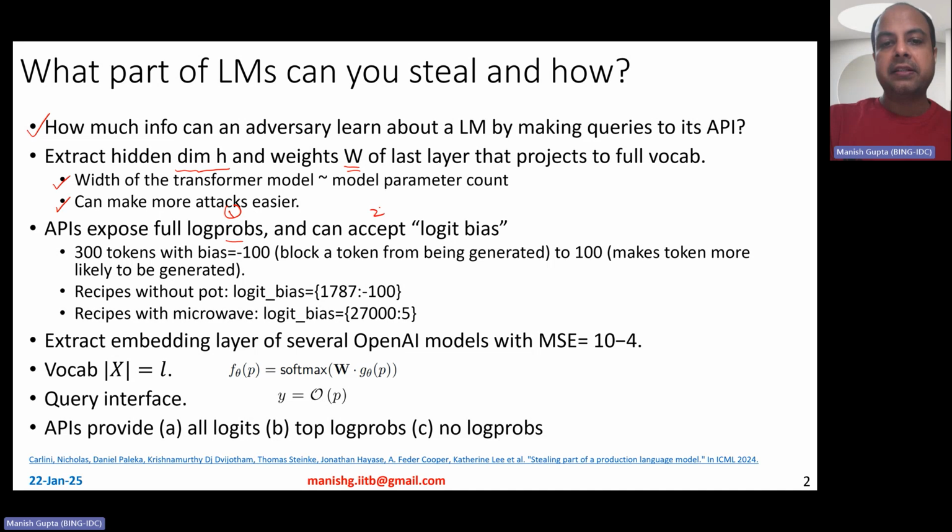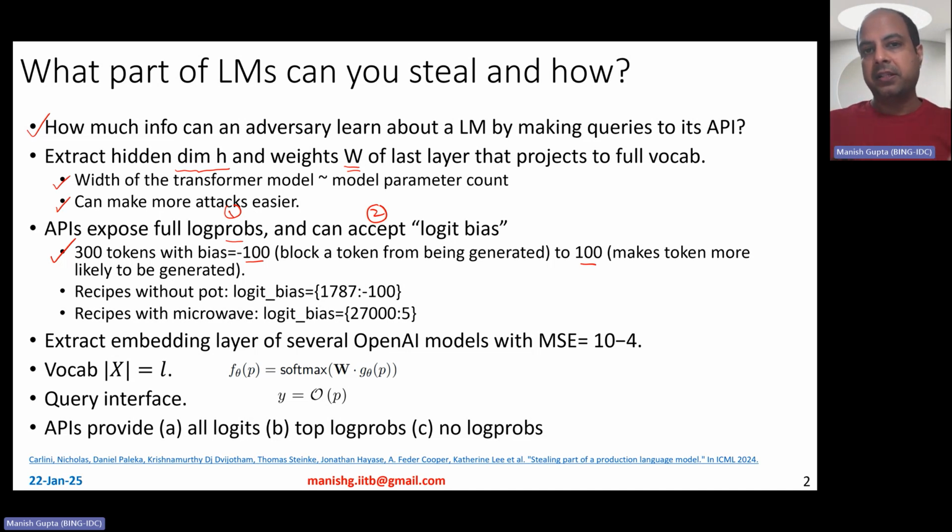The second thing is that they can accept something called the logit bias. What does that mean? Logit bias means that you can influence the probability with which a certain token is generated at the output. In fact, you can set the logit bias for up to 300 tokens on OpenAI's APIs, where the logit bias can be a number between -100 and 100.